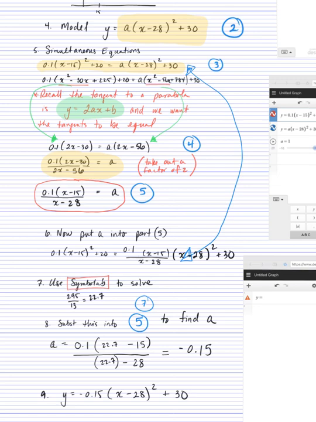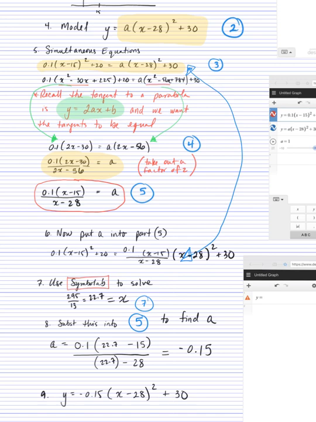Now I can stick this whole equation straight into Symbolab, and it's going to solve it for me, and what I end up with is 22.7. So I just solved for x, because x was the only thing in my equation.